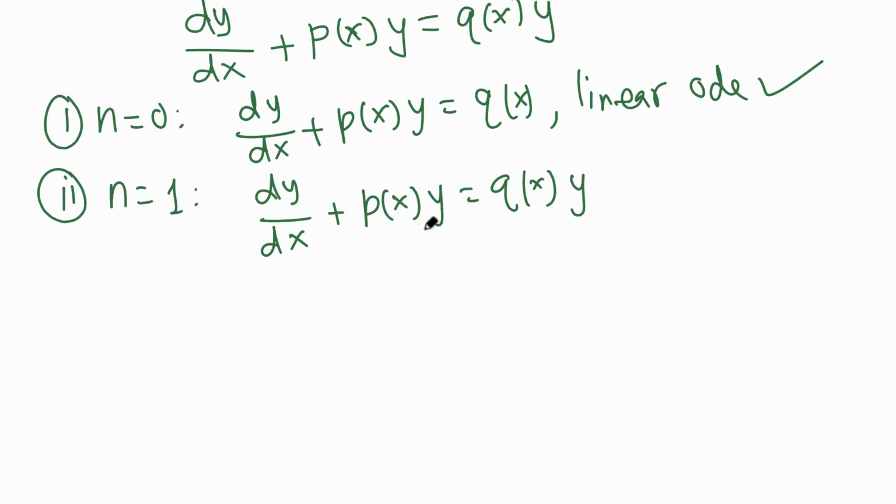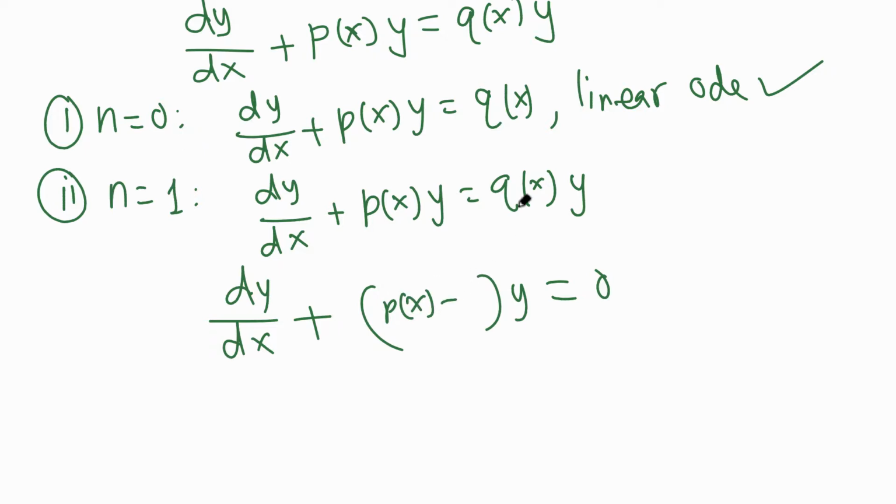Or if we move this over and factor y, we can make it separable. So this is both linear and separable. Like this, dy/dx, move this to the left, then we can factor y out. That leaves p(x) minus q(x). Now this is linear.